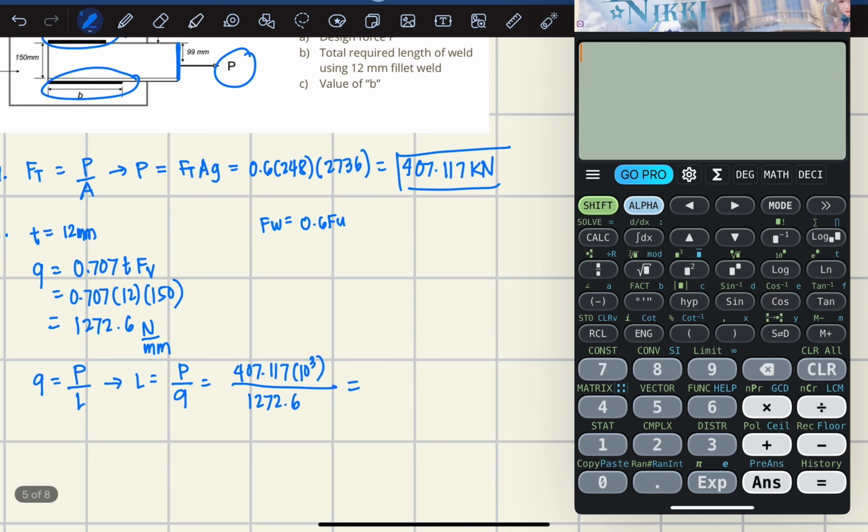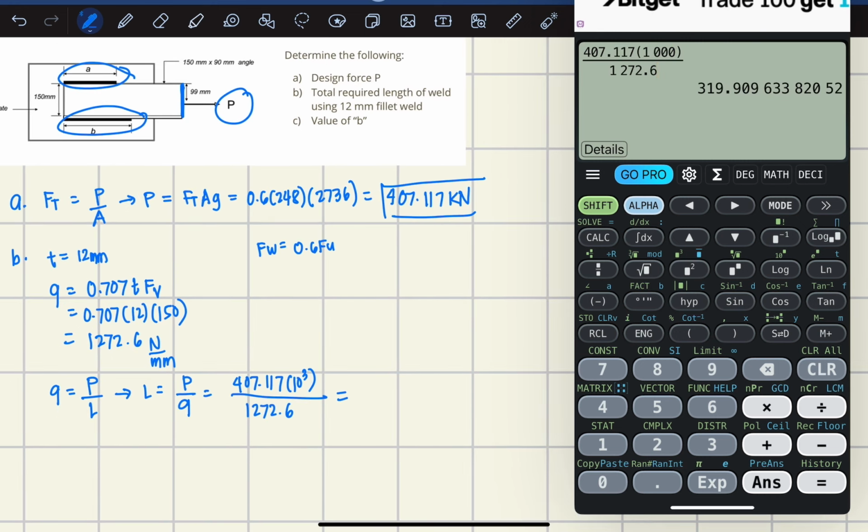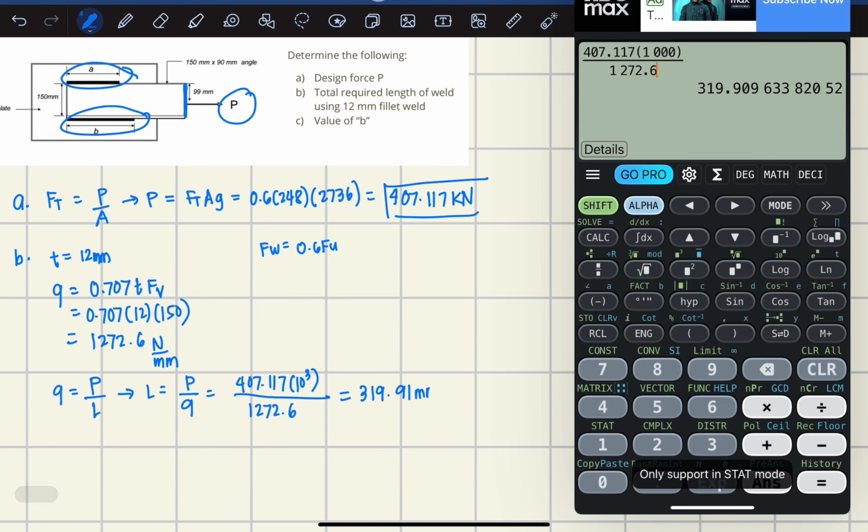Therefore the total length is 407.117 over 1272.6, which is 319.91 mm, let's say 320 mm length.